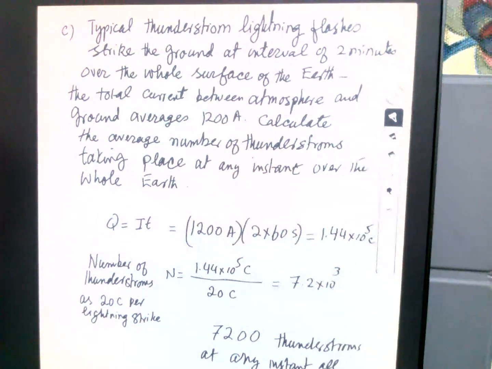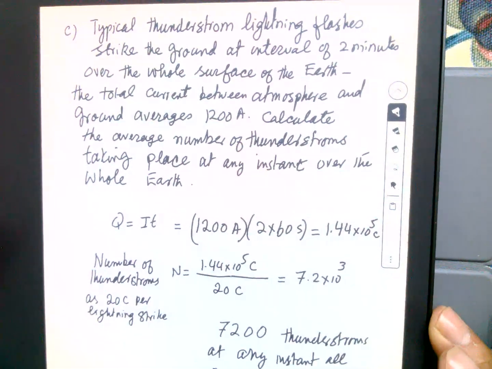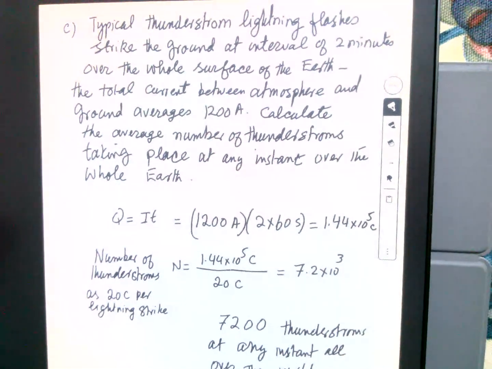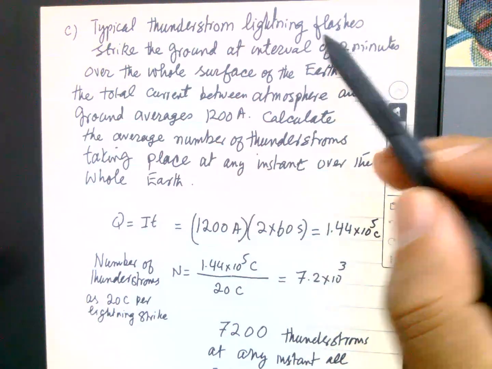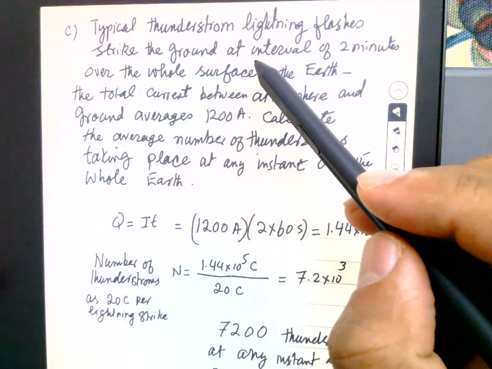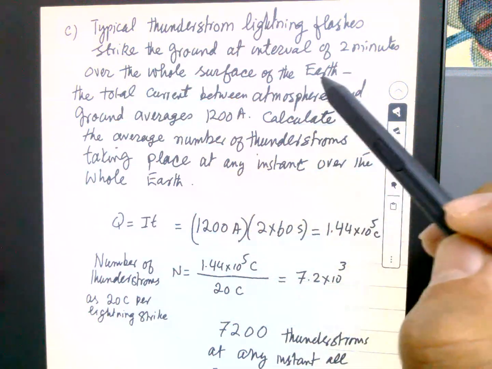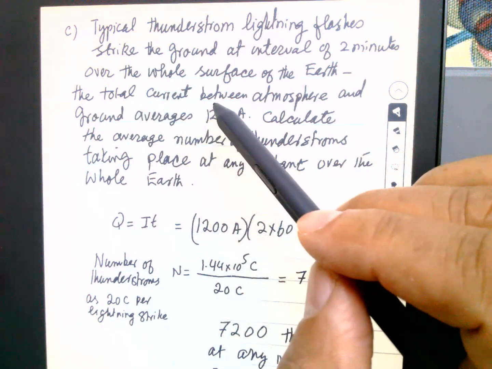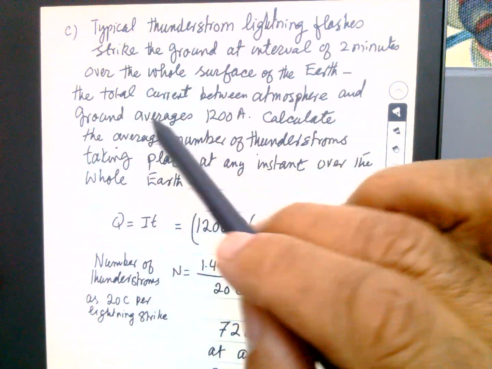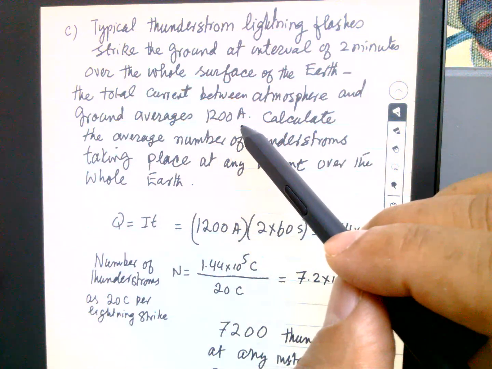Next question is that typical thunderstorm lightning flashes strike the ground at an interval of 2 minutes. Over the whole surface of the earth, the total current between the atmosphere and the ground averages 1200 ampere.